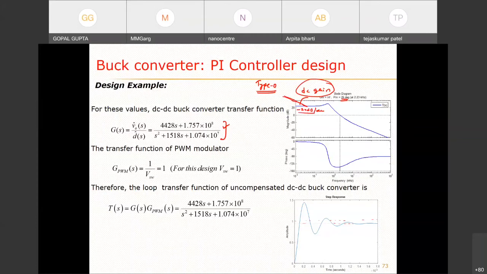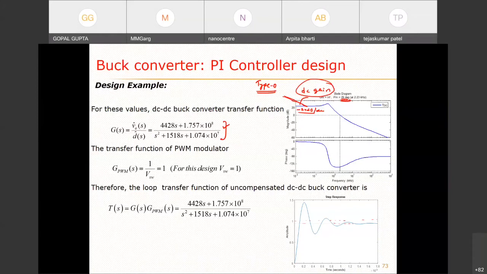So in order to ensure that steady state error should be zero, this frequency response of the compensated system should have a slope of minus 20 dB per decade at low frequency, right? So I should change the characteristics of this uncompensated system in such a way that it should have a minus 20 dB slope. Other thing is that it should improve the phase margin.